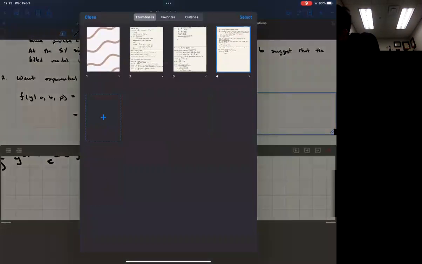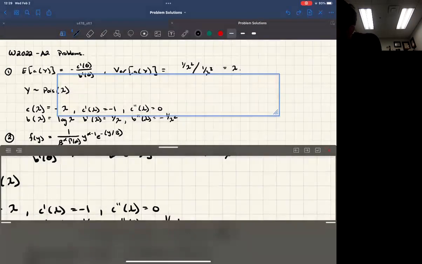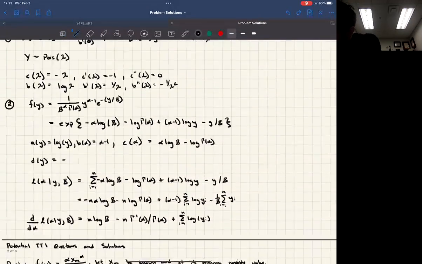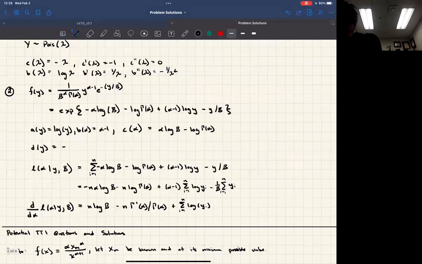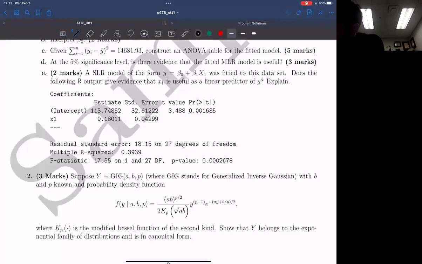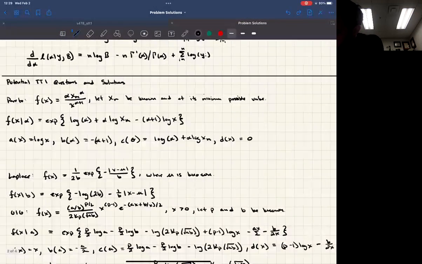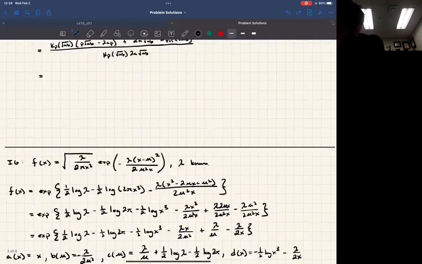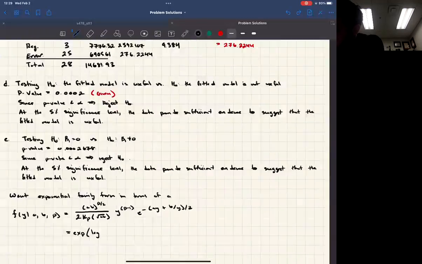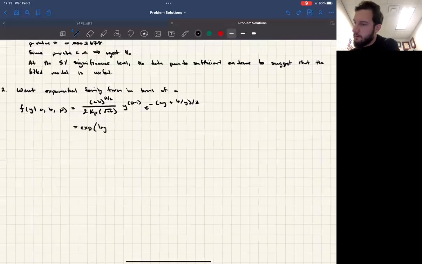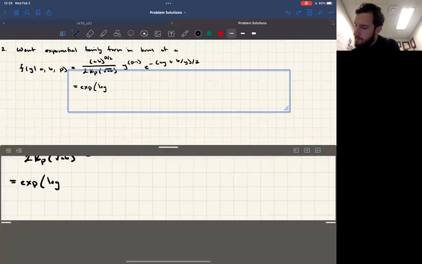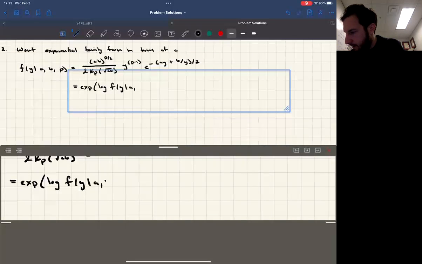Let me check this real quick. Yeah, exponent of the log of the function. So we're going to have the exponent of the log of f of y given A, B, P.